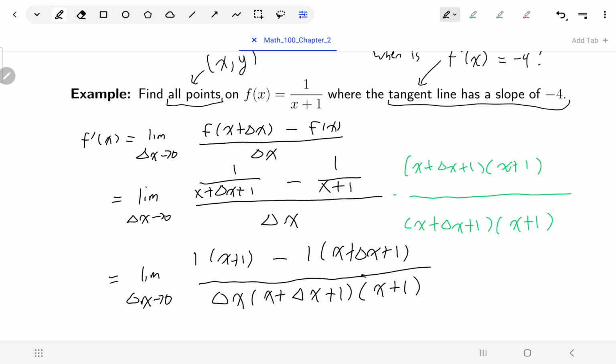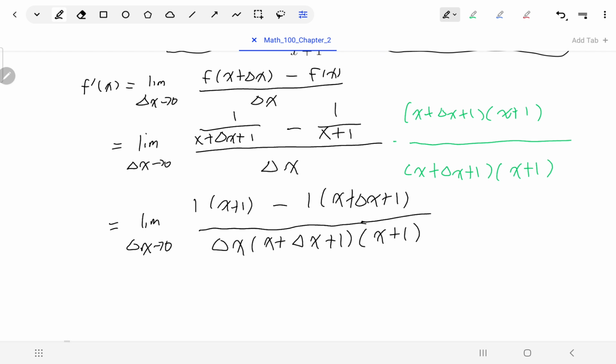The second reason that I'm not going to do any simplifying or expanding on the bottom is I'm hoping to get rid of the delta x that was causing my problems of having 0 in the denominator. So there's no point to multiply it in with a bunch of other terms only to have to factor it out later on. So I'll leave things as they stand.